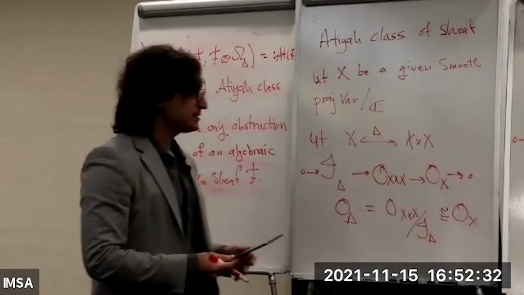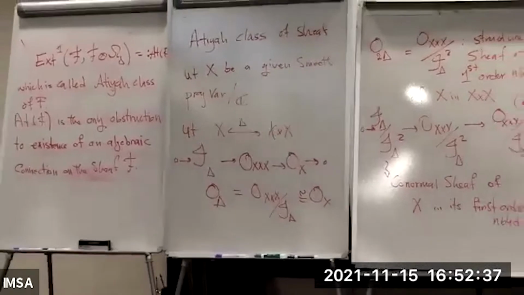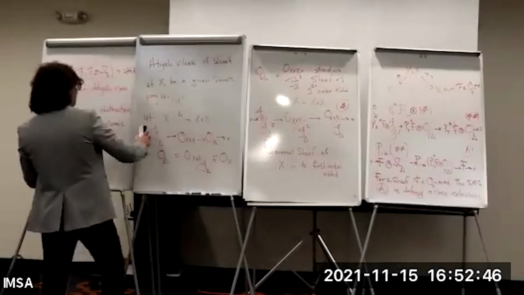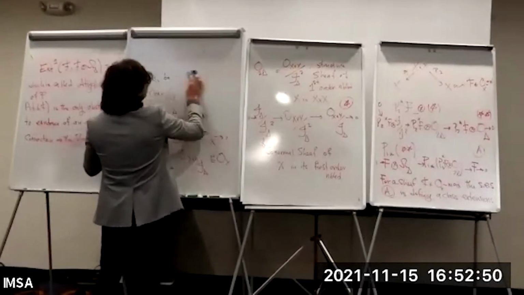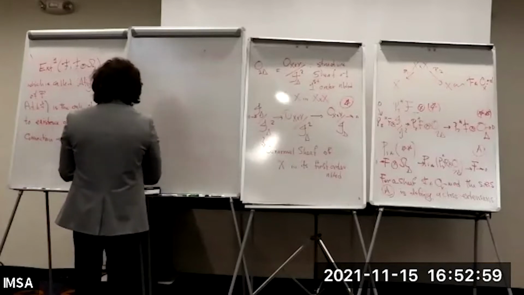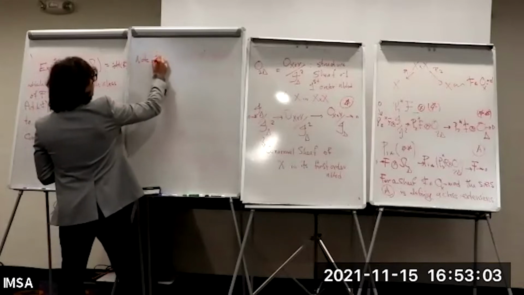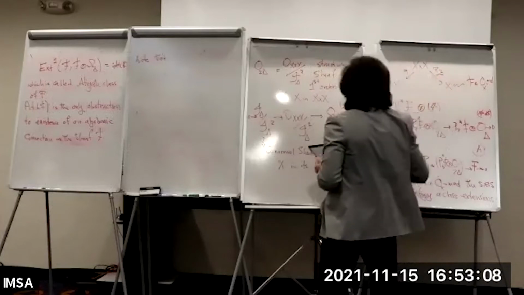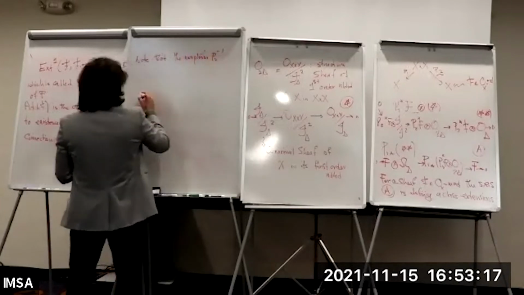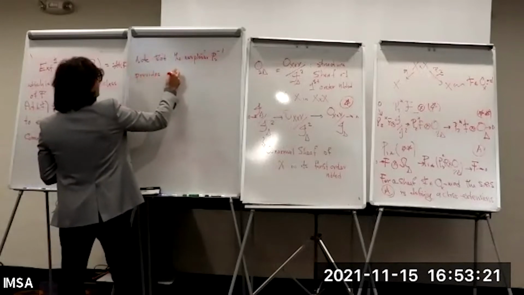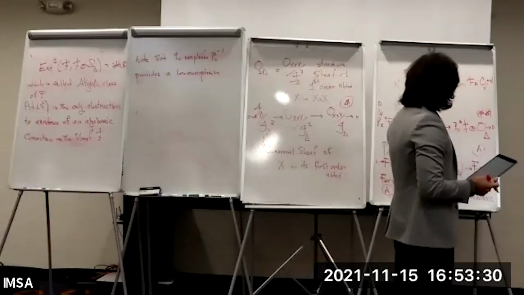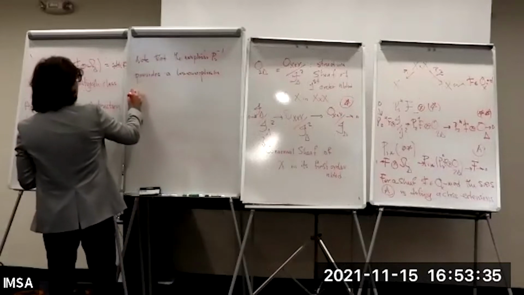What does that mean? It means that if this exact sequence is split, then you can see that you will have some algebraic connection on the sheaf F. So let's see that. Okay, so note that if I have this here, E2, the morphism E2 inverse provides a homomorphism, in some sense, a lift of sections of F to this guy over there. So E2 inverse induces a morphism.